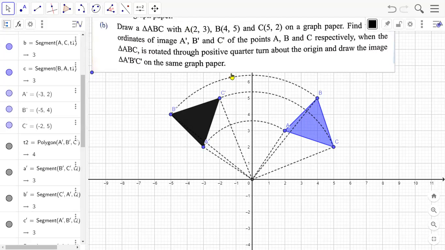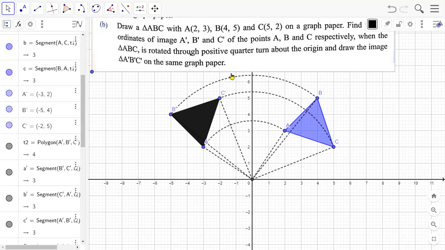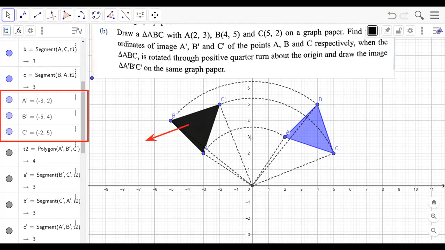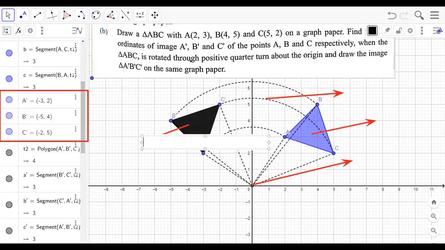Yes, sir. Okay, let me just use the annotation tool to show which one is the object and which one is the image. These are the image coordinates, and this is the image, this is the object, and this is the center. These are the path of the rotation. Let me just use the text tool to write here. What is its name? Image.